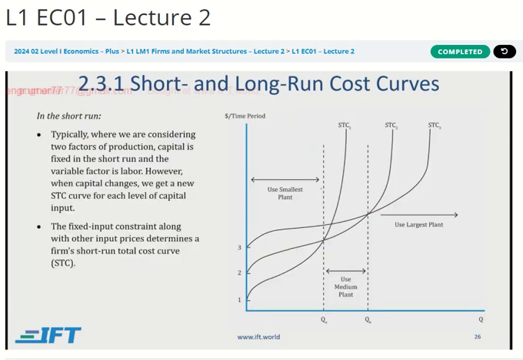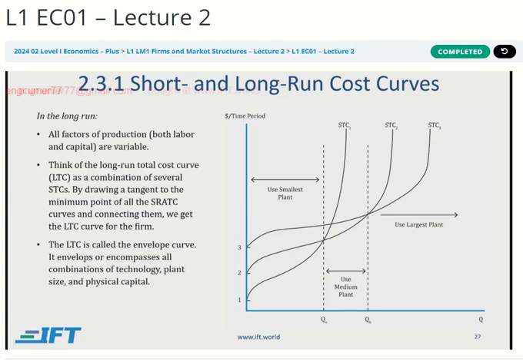Now what's happening over here is that if you're going to increase the size of the business, naturally it's going to require more capital. Now capital is fixed in the short run, but it is not fixed in the long run. So as you're expanding, you can in the long run keep increasing the size of the plant, right?